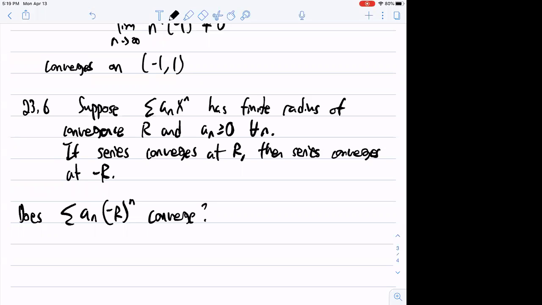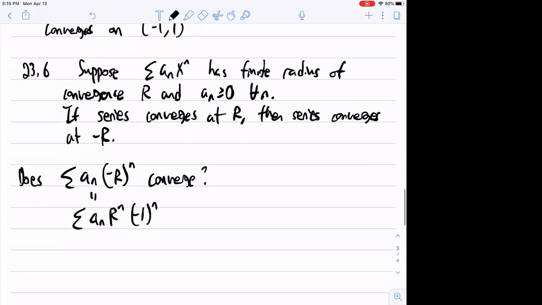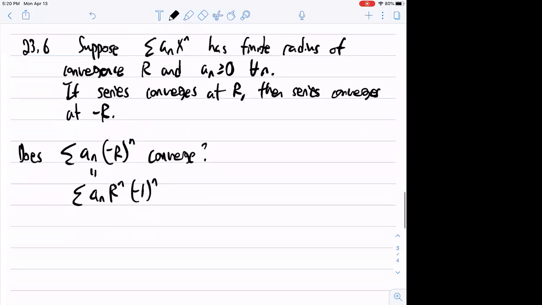Okay. So here, there's a -1 to the n, right? If I write this as a_n times r to the n times -1 to the n, one way to get rid of the -1 to the n is to take the absolute value, right?